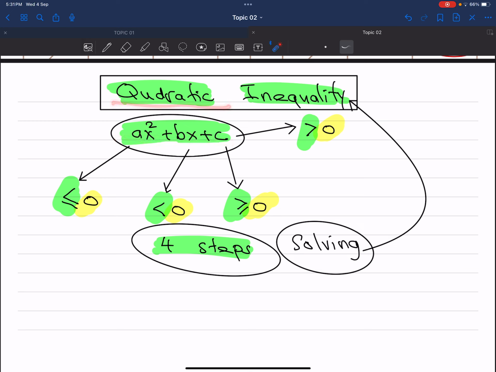Inequalities mean it must have one of the four: more than 0, more than or equal to 0, less than 0, or less than or equal to 0. There are 4 steps in solving quadratic inequalities.